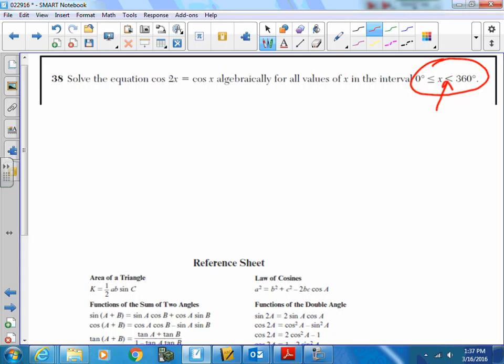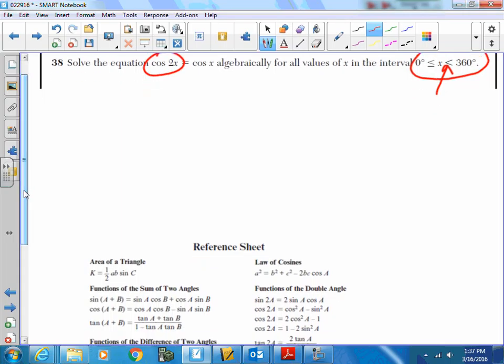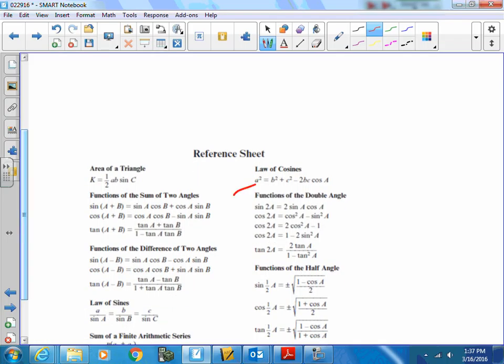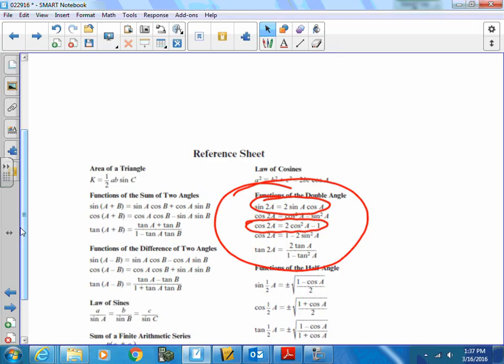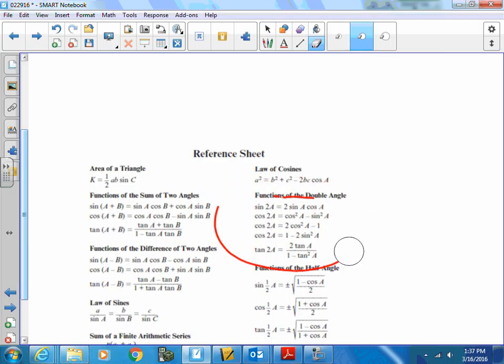All right, so looking at cos of 2x, we have this reference sheet that's going to help us out. Down here, we have these formulas telling us that the sine of twice an angle is equal to this, and we have a couple others. The one that's going to be helpful for us is this one right here, so I'm going to circle it so it'll stand out.